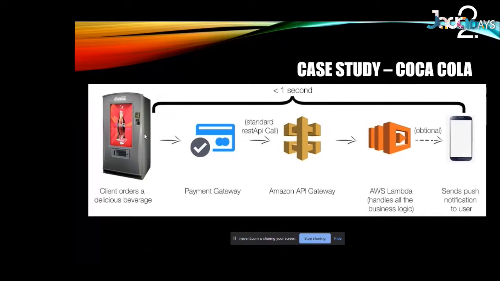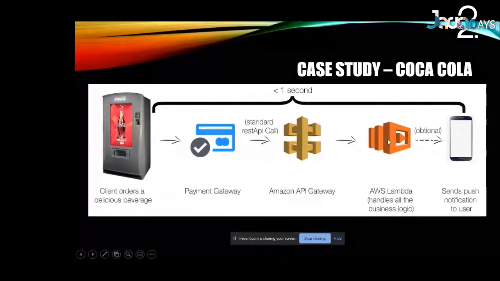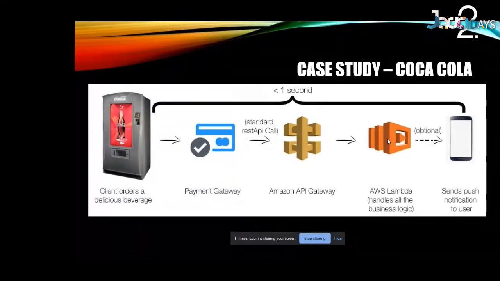Earlier at the back end, whenever you scan this code, a particular API is called through the payment gateway it is using. That REST call invokes some function at the backend. That function will validate and deduct the money, and then if required, they will send you a push notification also.